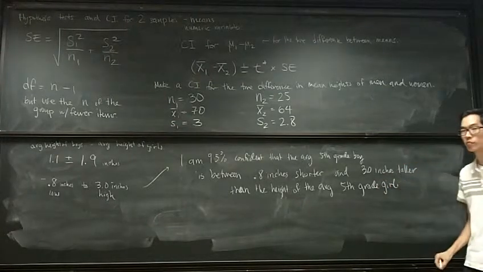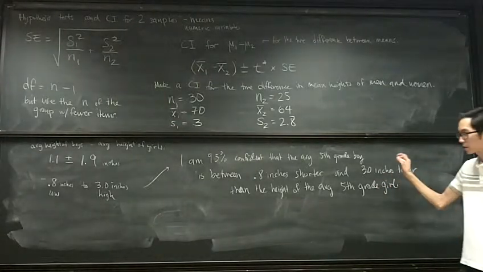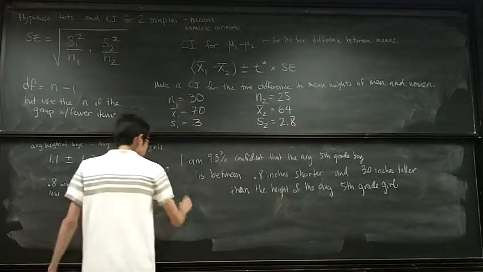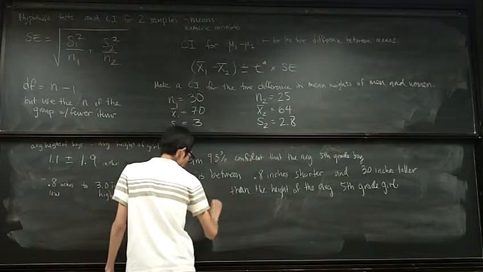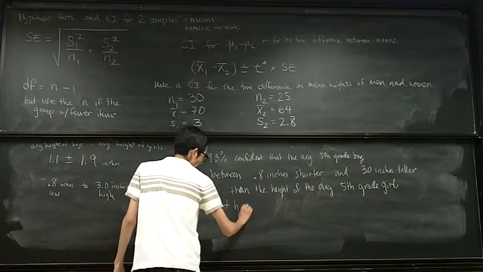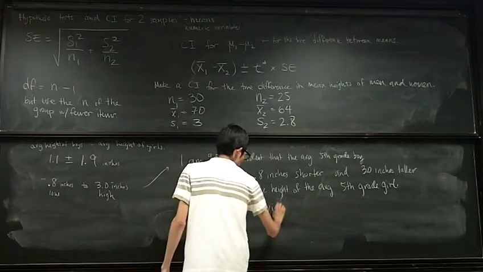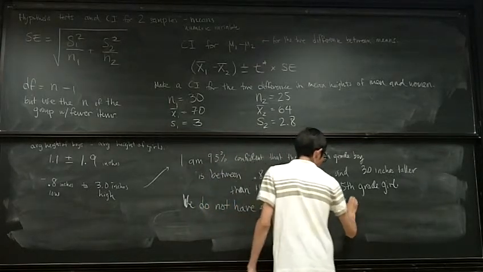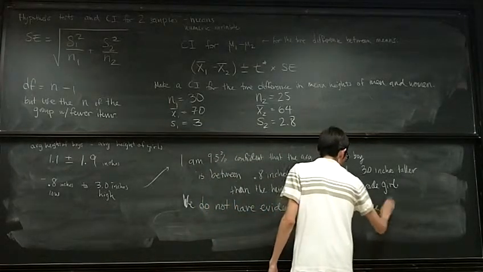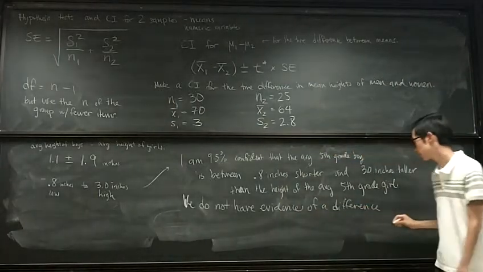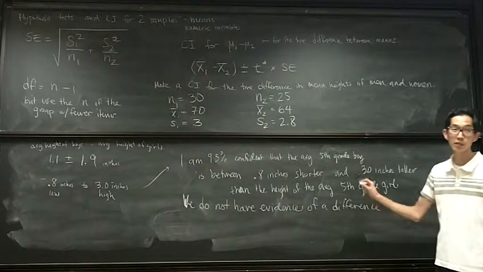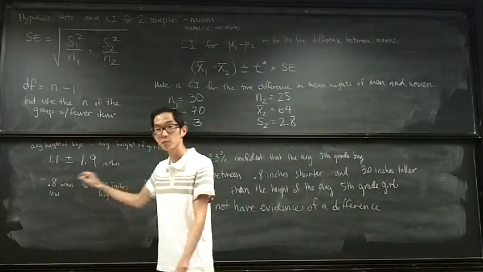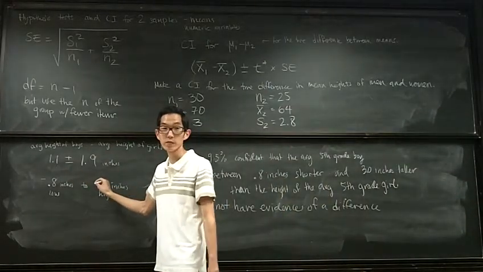Because you can't be shorter and taller. Right. So the reason is that we don't have evidence of a difference. We do not have evidence of difference, and the reason is because 0 is within our interval.